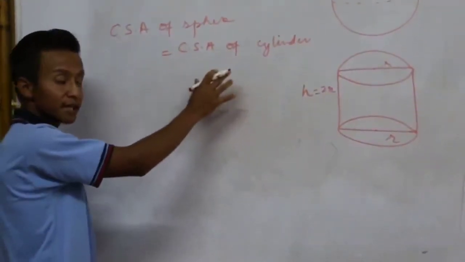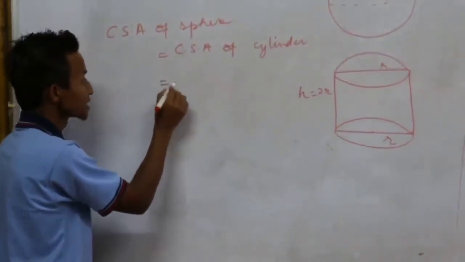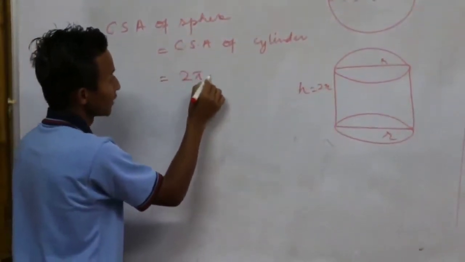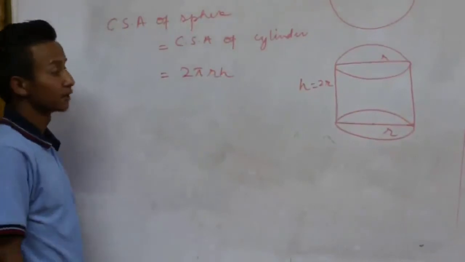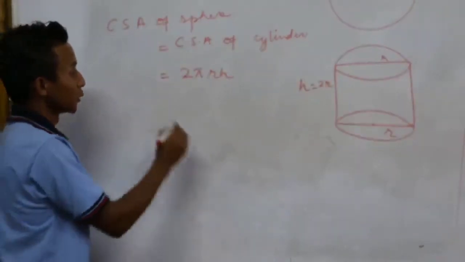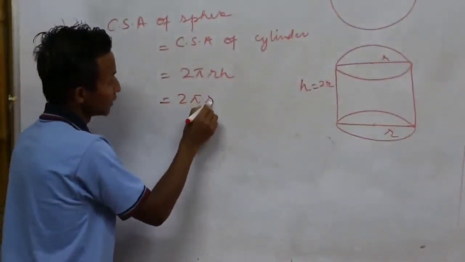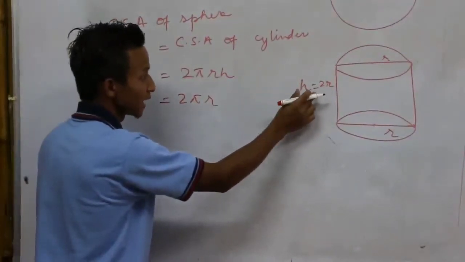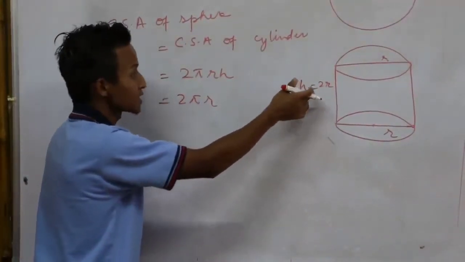But the curved surface area of a cylinder is known to us. It is given by twice pi r h, right? But h is given to us that is equal to twice r.